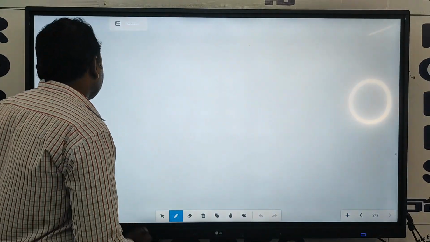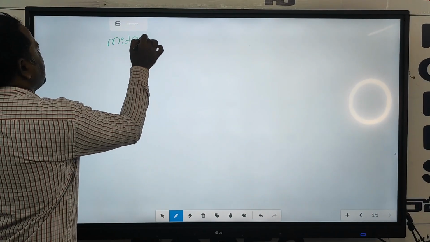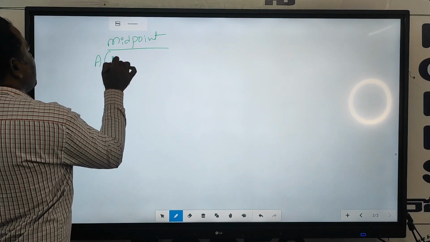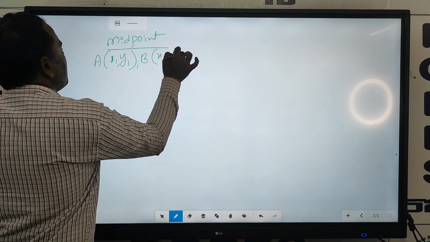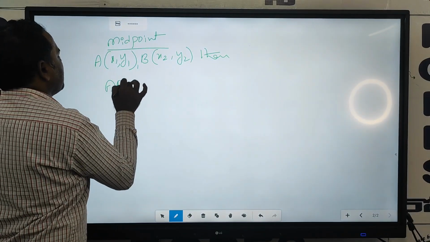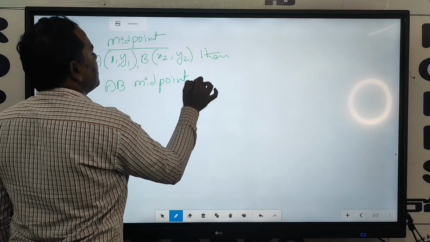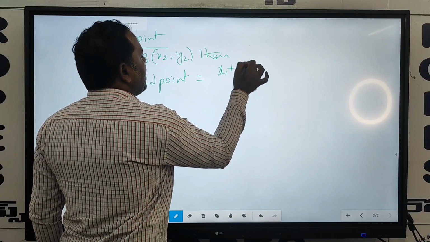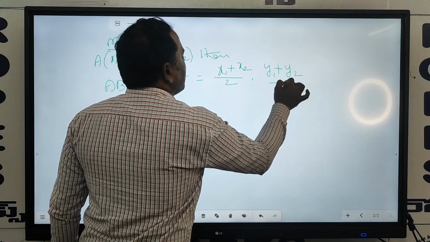Okay. Next, see midpoint. If A(x1, y1) and B(x2, y2), then the midpoint of AB is equal to ((x1 plus x2) by 2, (y1 plus y2) by 2).